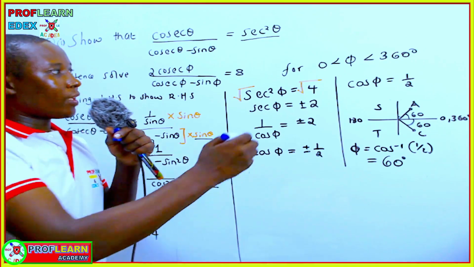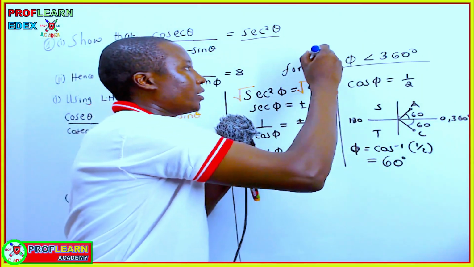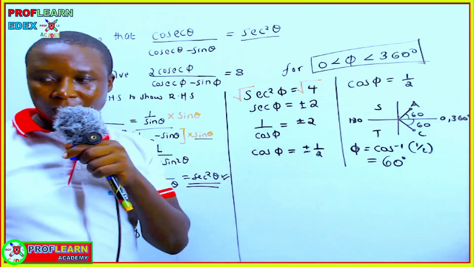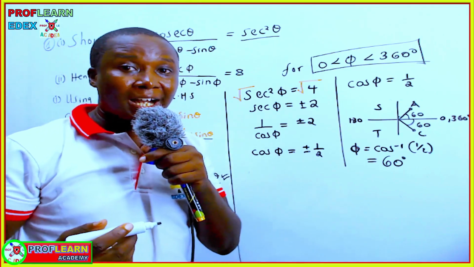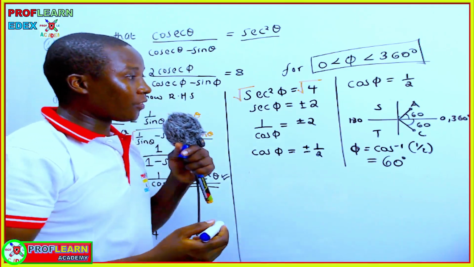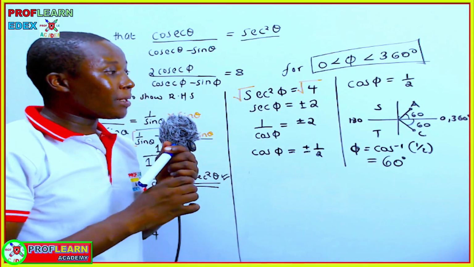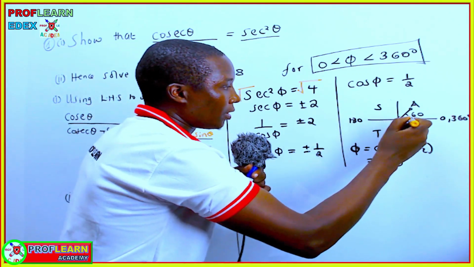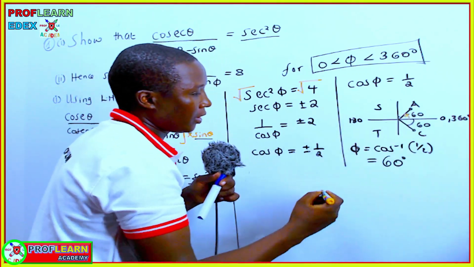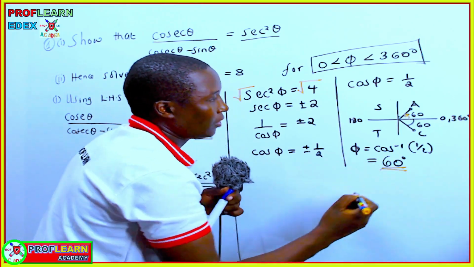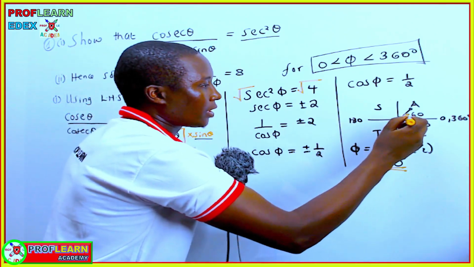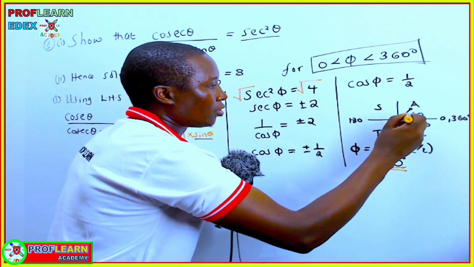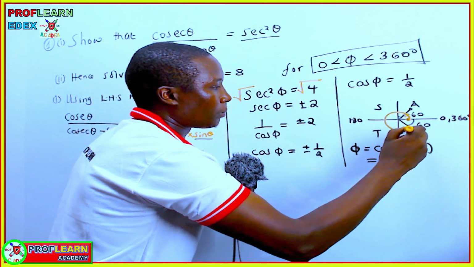Since we are finding angles between 0 and 360 degrees, we are finding positive angles, all measured in the positive direction. So the first angle will be 60. The other angle is measured from the x-axis all the way to this point.